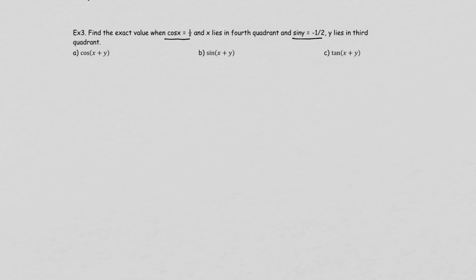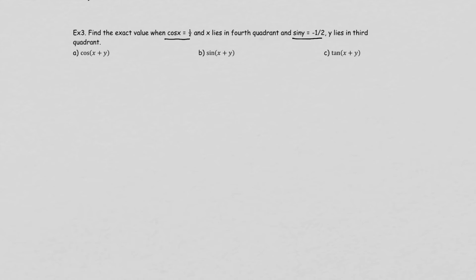So this example will show how to find cosine, sine, and tangent all together in one problem. In order to do this, you need to find not only the cosine value of the x angle, but sine also. This is sine y, so you need to find cosine y also.